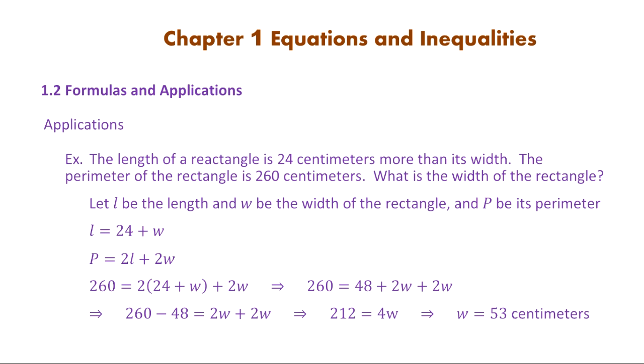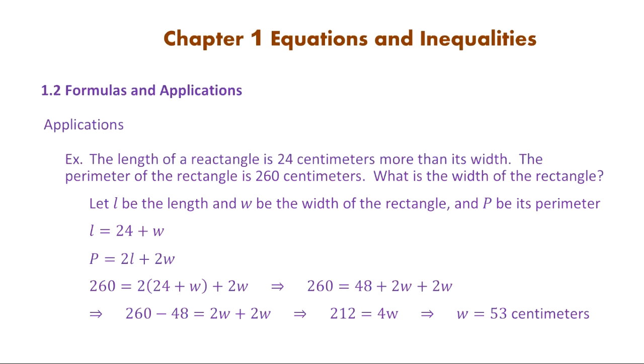And then it says the perimeter of the rectangle is 260 centimeters. The formula for the perimeter is 2 times the length plus 2 times the width, because you have two lengths and two widths in a rectangle. So you add them up, you get 2L plus 2W. That gives us the perimeter.